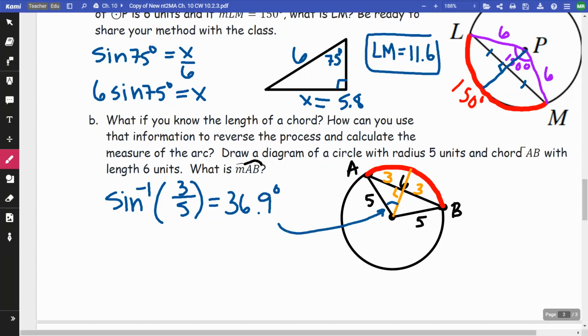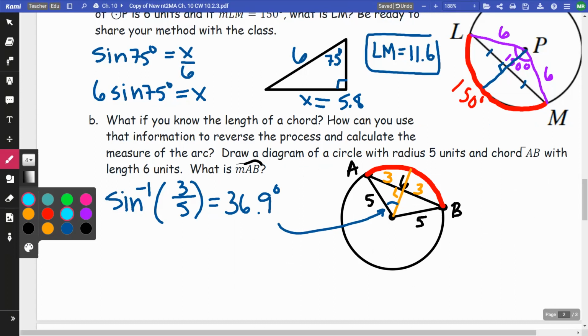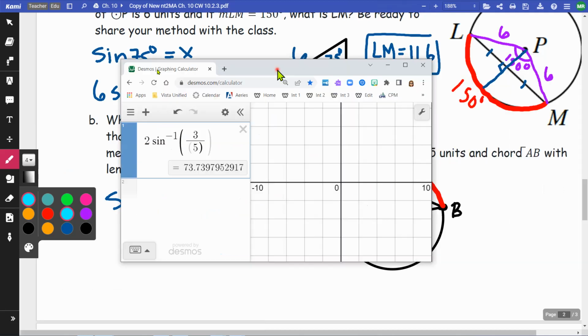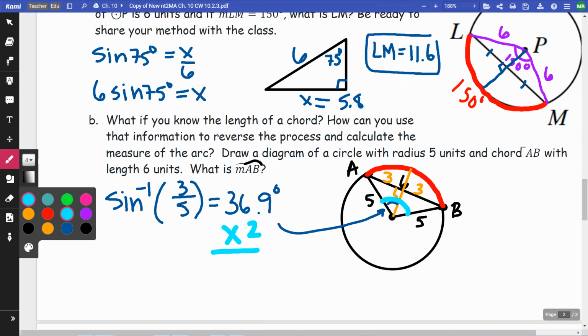So that is that angle, which means that the whole entire angle is going to be double that. So this whole entire angle, I'm going to times this by 2. And when I double this, I end up with 73.7 degrees.